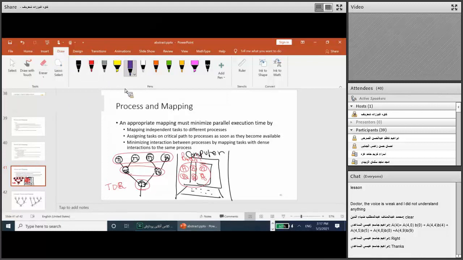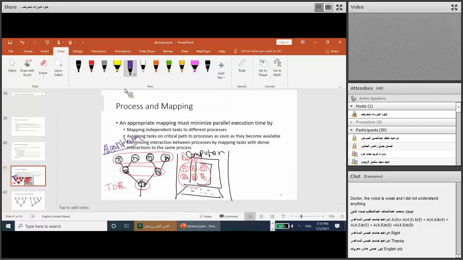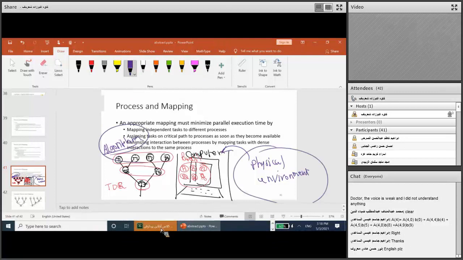This is the algorithm. This is the physical environment.